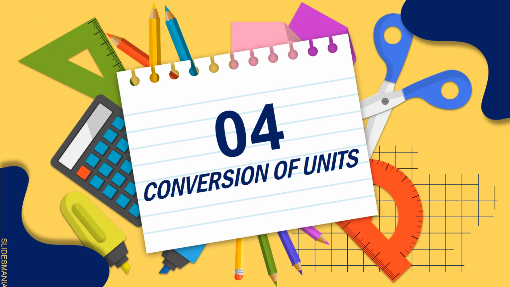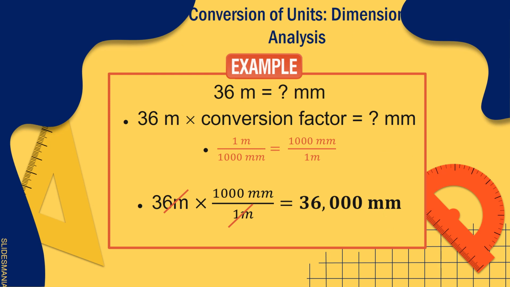Next, we have the conversion of units. As I've said, units are used as a standard for measurement of the same kind of quantity. For example, we have 36 meters and then we have to express that in millimeters. Always remember that 1 meter is equal to 1000 millimeters.